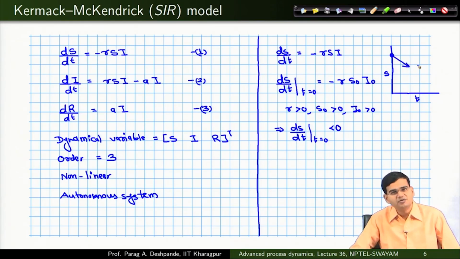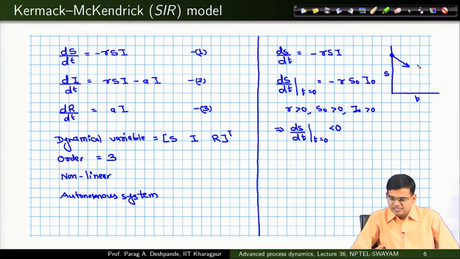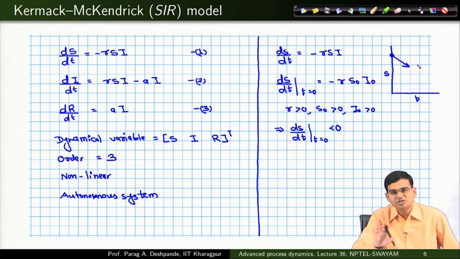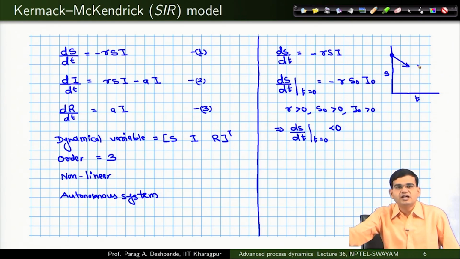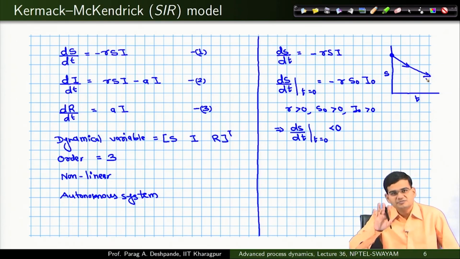Number of susceptibles would come down, but if I see dS/dt at any point of time, then what I see is r is a constant, always positive, S is the population of susceptibles, always positive, I is population of infectives, always positive. So, therefore, my slope irrespective of time is always going to be negative. So, therefore, this is going to continue, S, the population of S will always decrease with time.